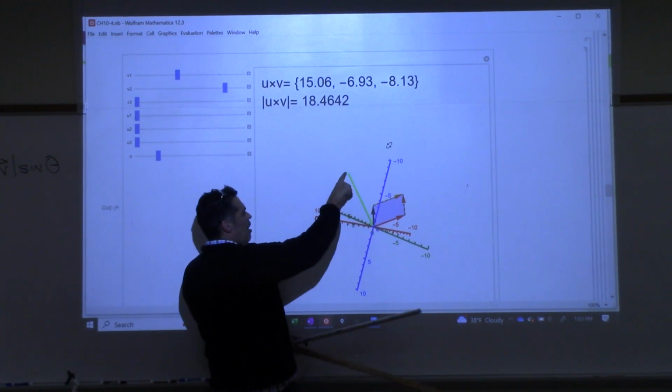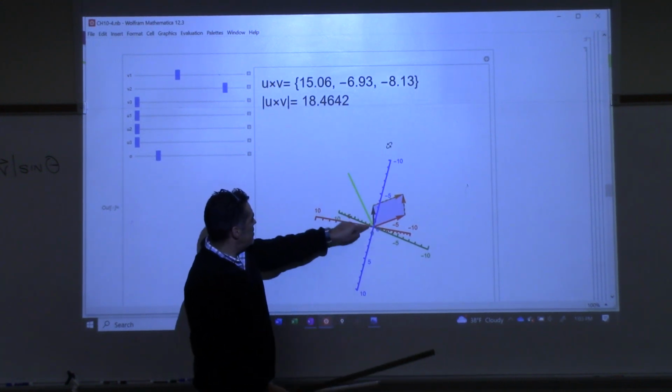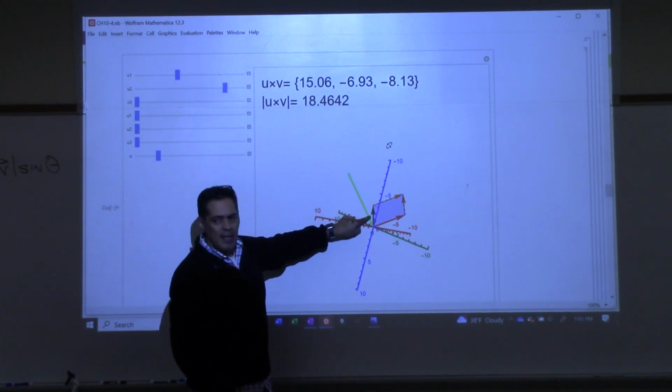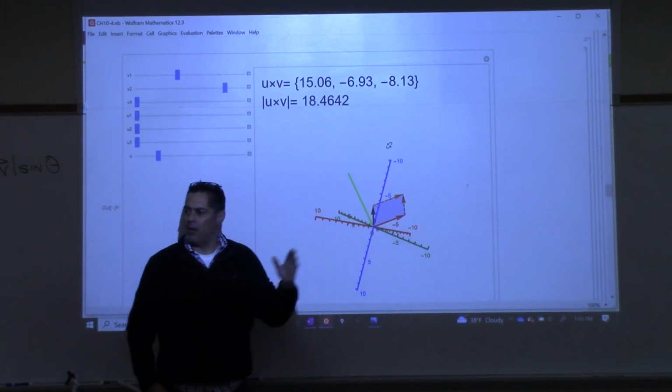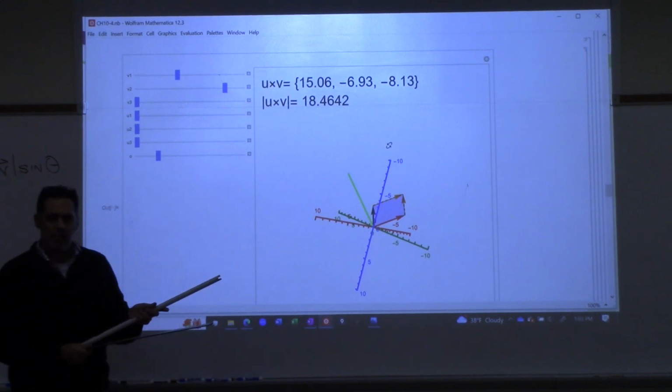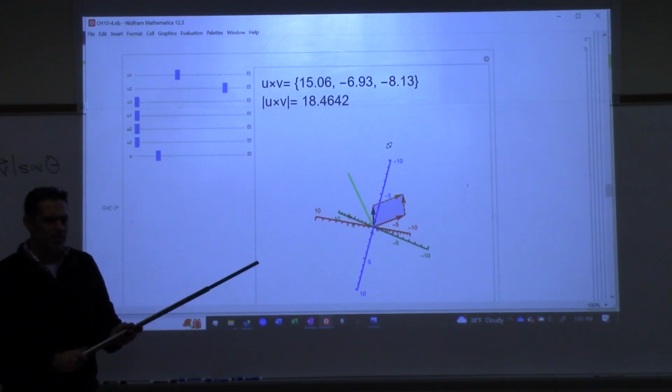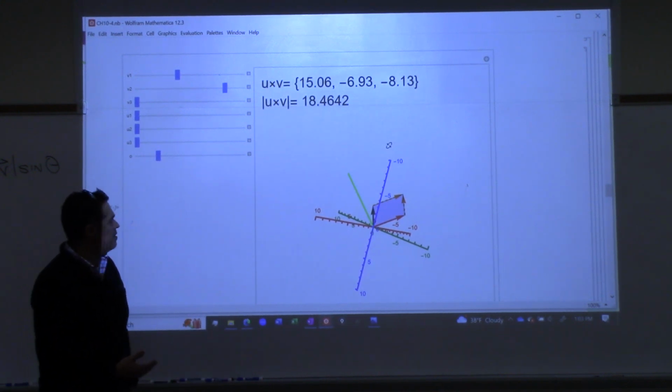Now it's off my screen, but imagine that it has some length to it. The length of that vector is equal to the area of the parallelogram formed by those two vectors. Very, very interesting property, wouldn't you say? Kind of not really expected to have that result, but that is the case.